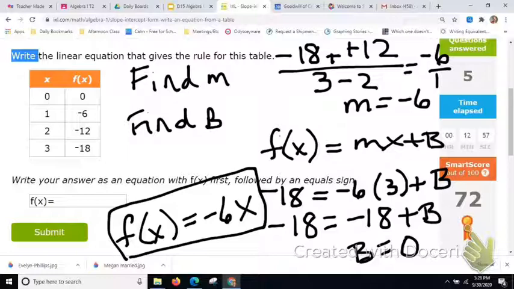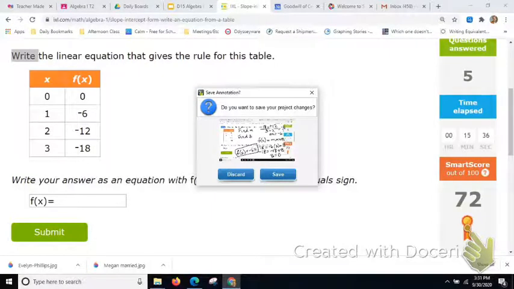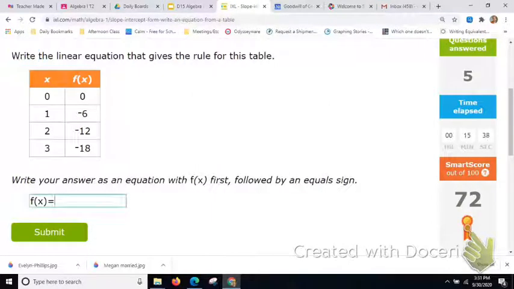If my input is 2, negative 6 times 2, that's negative 12. If my input is 3, 3 times negative 6 is negative 18. So it does work for all of them. You could type plus 0, but it is unnecessary. So I'm just going to put f of x equals negative 6x.